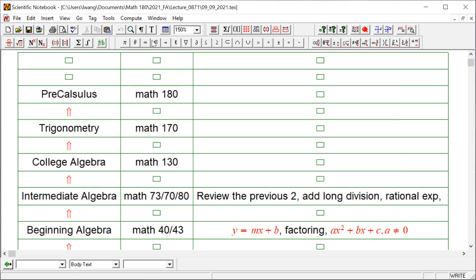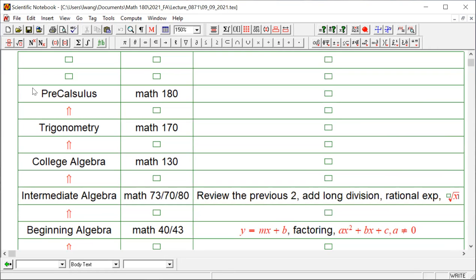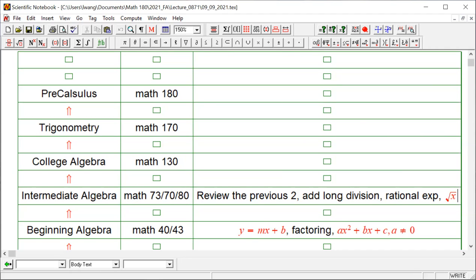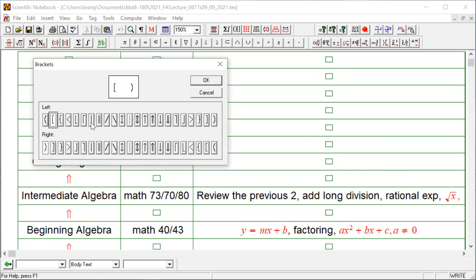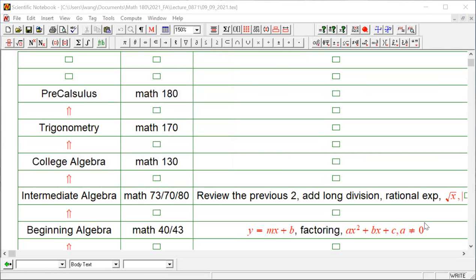And what else? Root functions, there will be some square root functions, and possibly absolute value, which was probably introduced by that time. Absolute value functions.